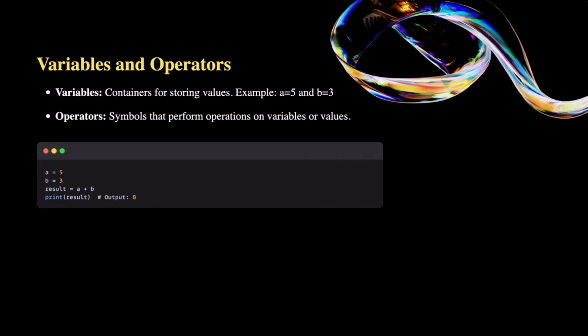Then, we calculated the result of a plus b and stored it in a result variable. Initially, values are assigned in memory to a as 5 and b as 3. When Python sees a plus b written, it adds both values, i.e., 5 plus 3, which is 8. And finally, Python stores this 8 in the result variable. From this example, you can see how variables and operators together handle math operations. You just have to use the correct operator according to your requirement.